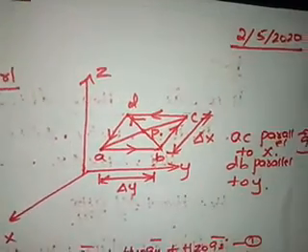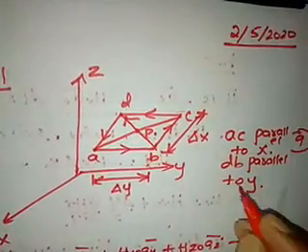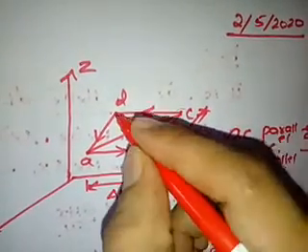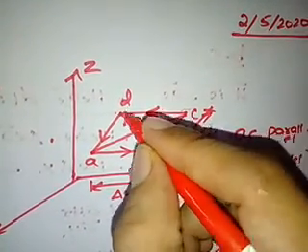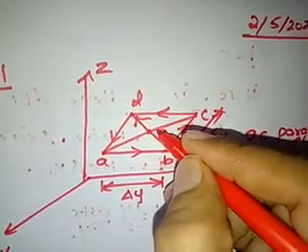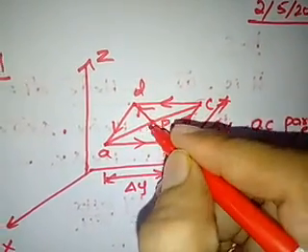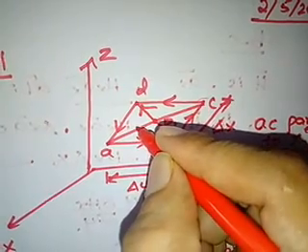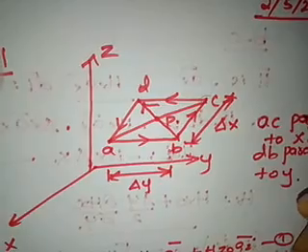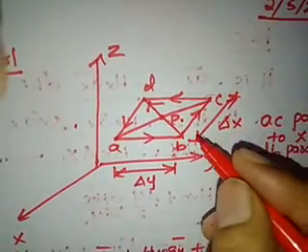So this length from the midpoint, the distance of D to A from the point P, will be delta y by 2, but it is in the opposite direction to y.